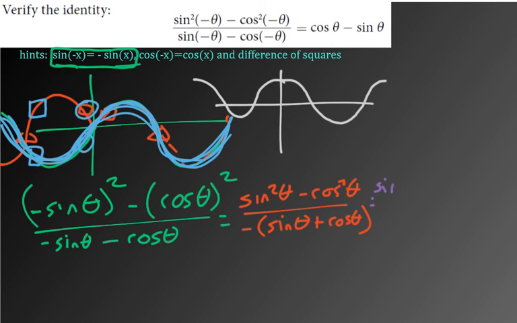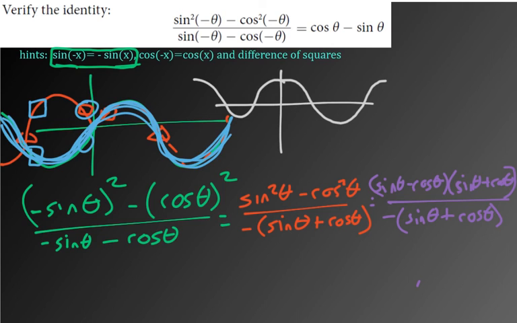So that would factor into sine theta minus cos theta times sine theta plus cos theta. And then here we have minus the quantity sine theta plus cosine theta on the bottom.